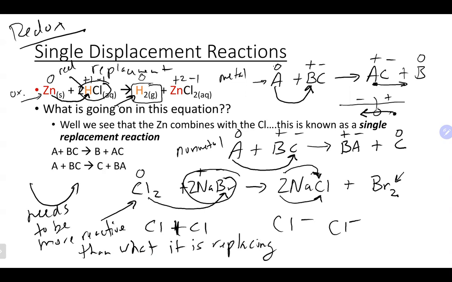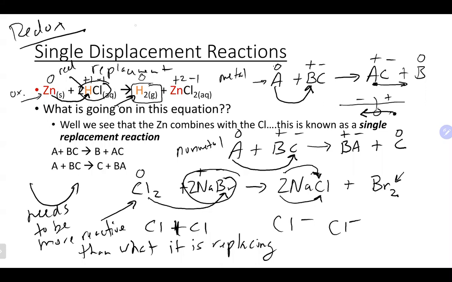So this reaction does take place, the chlorine and the bromine, and that means that the chlorine is actually more reactive than the bromine. If you switch it around and try bromine replacing chlorine, it actually would not work. In the case up here, the zinc is more reactive than hydrogen.